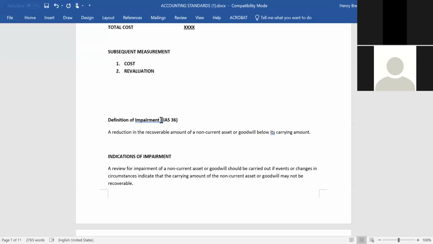It's either the carrying amount or the recoverable amount. So the comparison of the carrying amount and the recoverable amount will give us the value to be recognized as an impairment value.